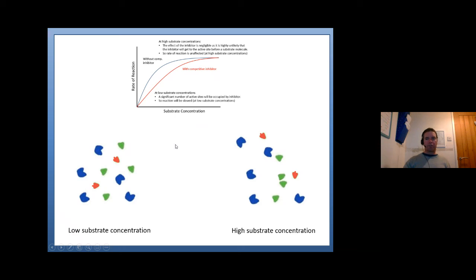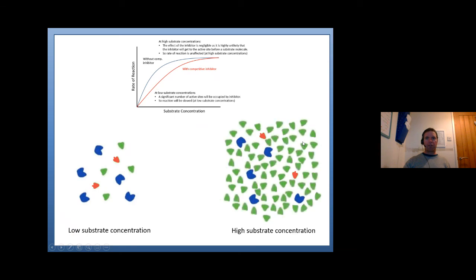At high substrate concentrations, first of all, I've started off the same. Now let's add some substrate. Now look at the situation. Whilst it's still possible the inhibitor will get to the enzyme, it's very unlikely. There's so much substrate here that those enzymes are going to be working as hard as they possibly can all the time because they're all going to be occupied, and the likelihood is that they're all going to be occupied with the substrate.